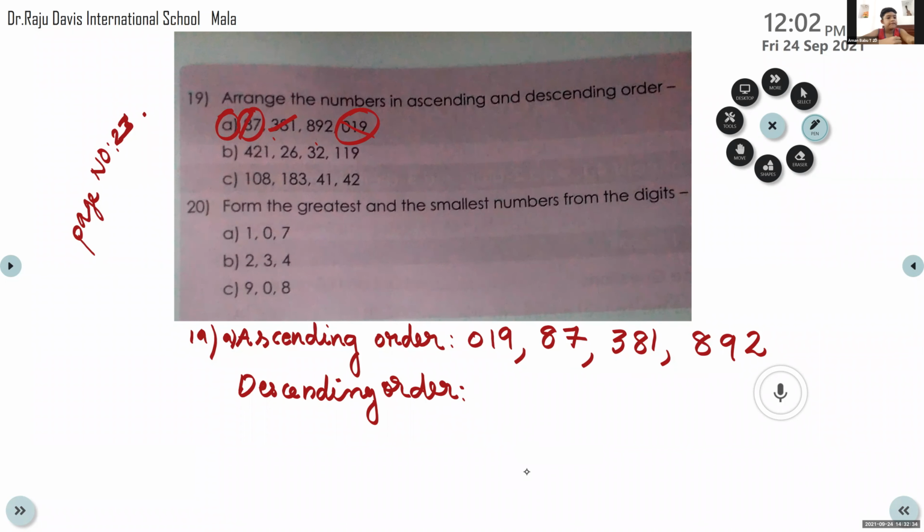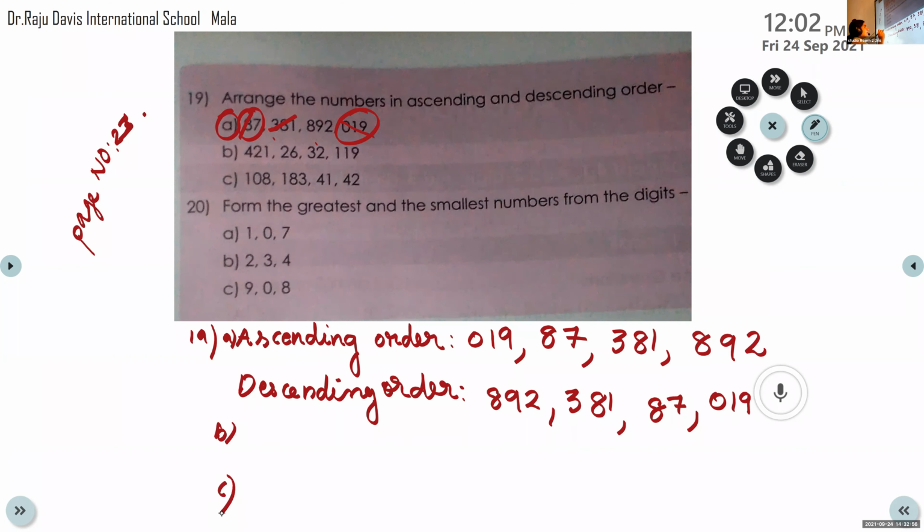If we write in the reverse order, it will be descending order. So reverse order means we write 892, then 381, then 87, then 19. This is the descending order. The same way, please do the next questions. Now A we have written, B, C. Please do fast.